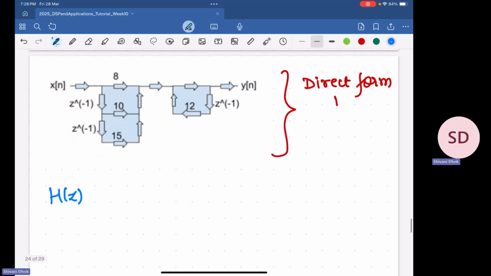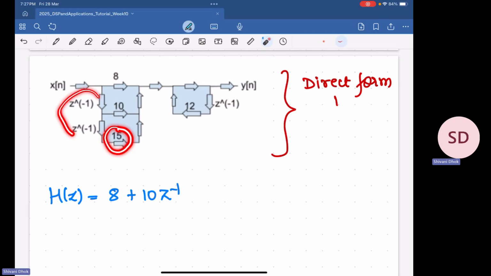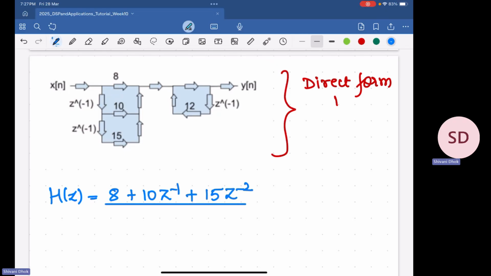So you can write this H of z as this constant 8, then this coefficient 10 is the coefficient of the z inverse term, so plus 10 z inverse, and this coefficient is the coefficient of z to the power of whatever number of delays you have. So we have z inverse into z inverse here, so you need to multiply all the z inverse that are there before this particular thing. So this is plus 15 times z inverse into z inverse, that is 15 times z to the power minus 2, divided by.